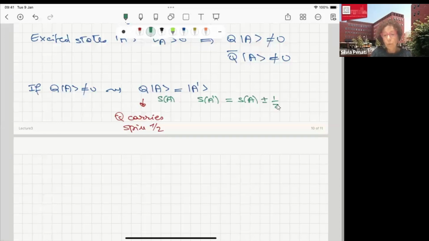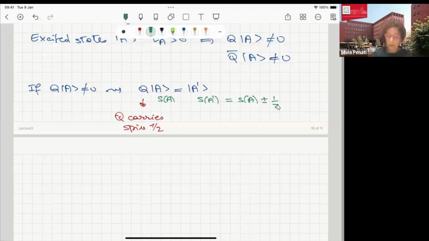So you are going to change the spin of your state by a quantity 1/2, okay? Which means, of course, that if the original spin S of A is an integer, so we are dealing with bosons, what you will get when you apply Q to A is a fermion and vice versa.